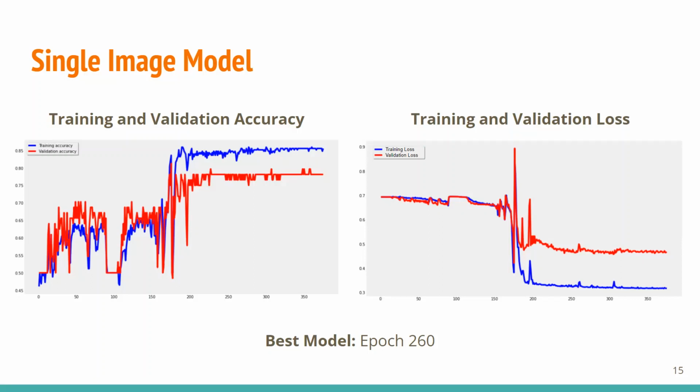It starts to level off at accuracies for training around 85%, and for validation around 78, 79%. A similar trend with the loss: we see it starting to really learn around epoch 200, with about 0.35 for the training loss and about 0.5 for our validation loss.